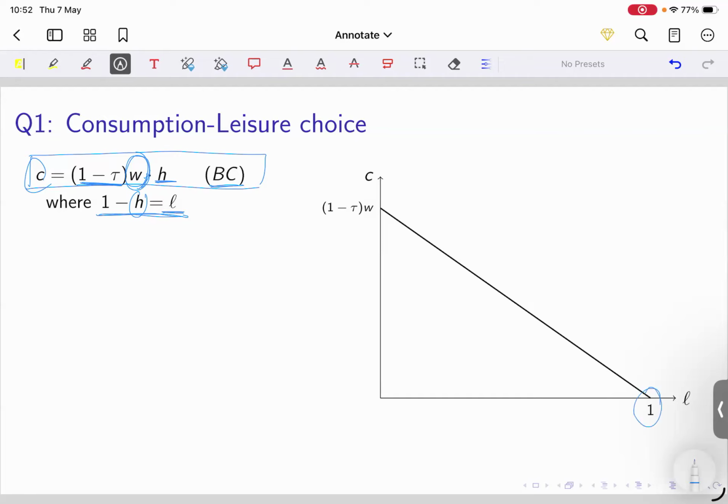Okay, here, as discussed, the horizontal intercept must be at 1, right? Because I can at most spend the whole day, for example, resting in this case. It follows that the complement is spent working, given this equation here. Then what's the converse?